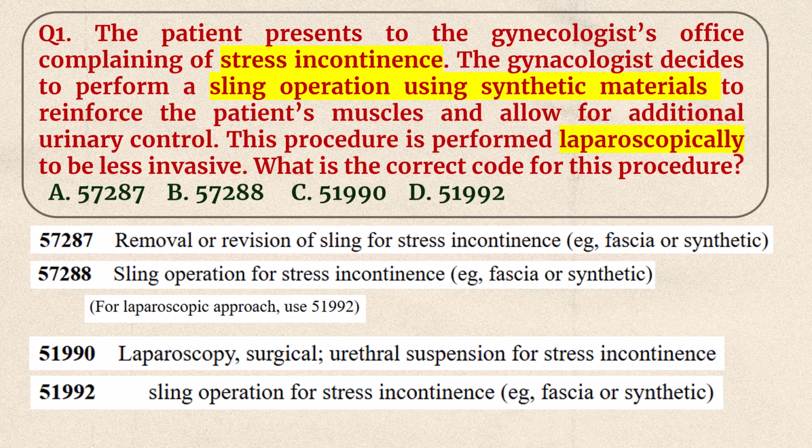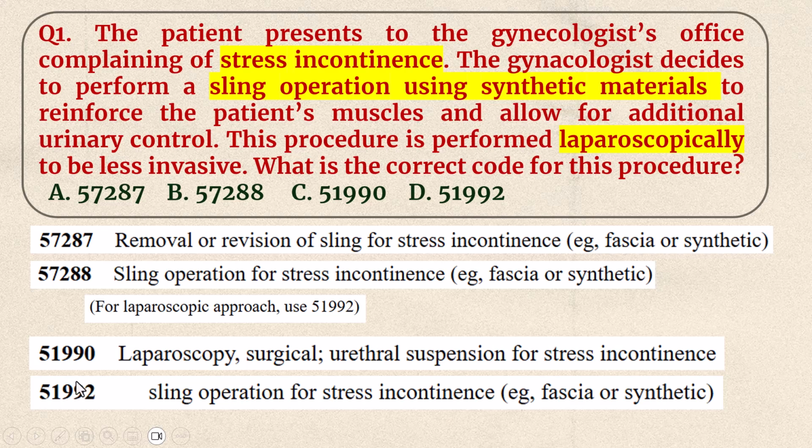When you see the additional note here, within brackets it says for laparoscopic approach, use 51,992. So be very careful when you see the first answer, don't rush to put the code as B because this is an open procedure. If this procedure is done laparoscopically, the additional note says for laparoscopic approach use 51,992.